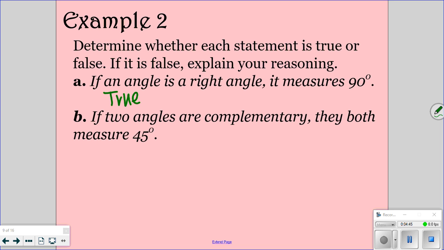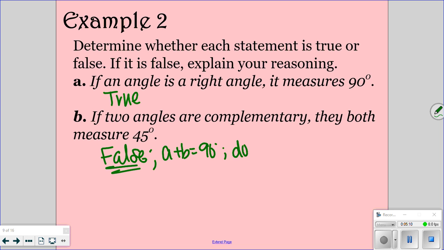For the next one, if two angles are complementary, they both measure 45 degrees. Hopefully you're thinking false for this one. The reason it is false is that complementary just means that the two angles add up to 90. So angle A plus B equals 90 degrees.